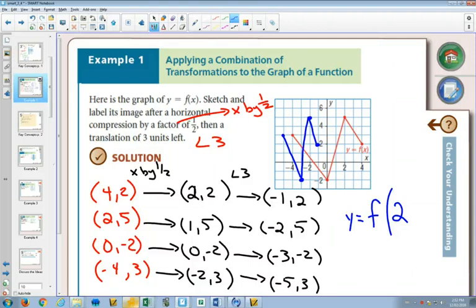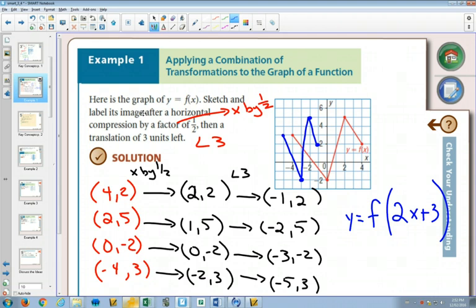The translation 3 to the left is going to be a plus 3, and you will be tempted to do this, because that has the 1/2, and it has the 3 to the left. This won't be right because this one will actually only move it 1.5.